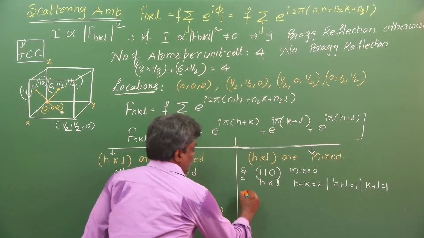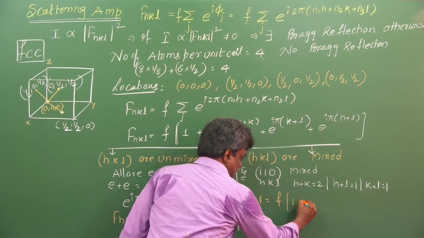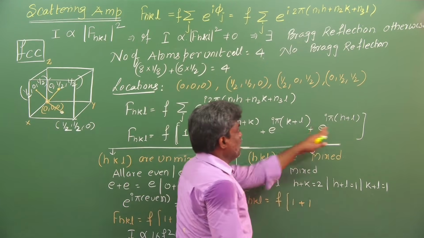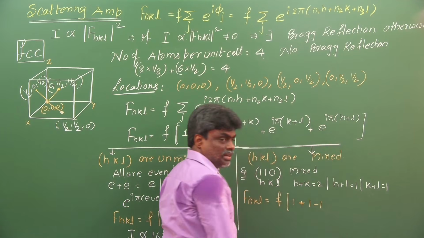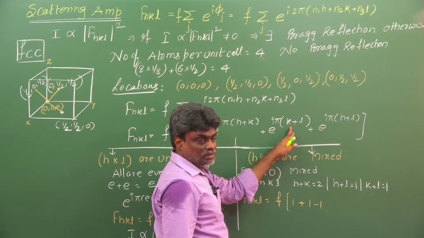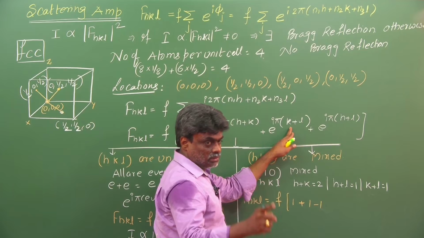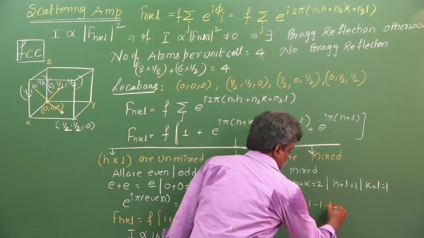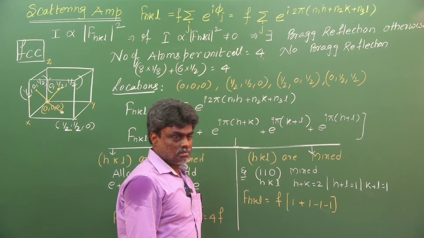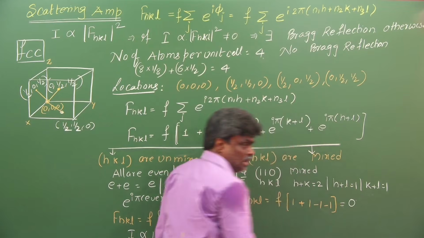That's why F(hkl) equal to f into, first one is 1, h plus k even, that's why plus 1, h plus l odd, k plus l odd, how much? 0.